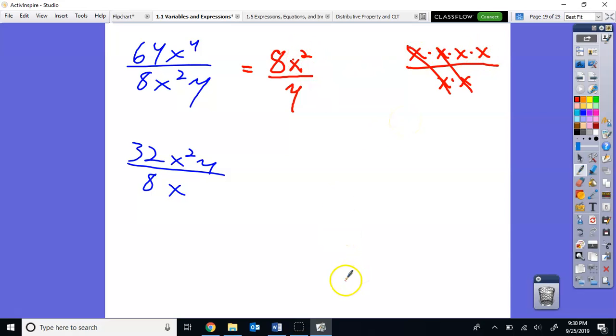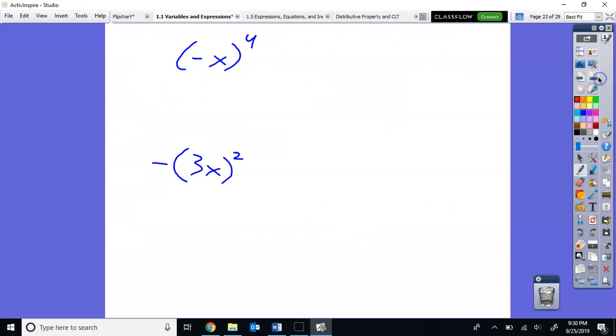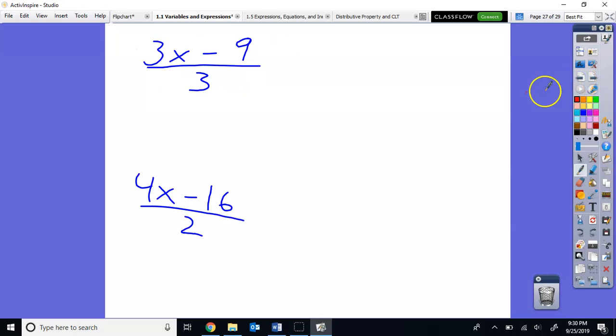Remember, only cancel out if you have multiplication between all these things. Don't start canceling out when you have plus and minus, like we had with a couple of these, where you divided. 3 divided by 3 is 1x. Negative 9 divided by 3 is negative 3.